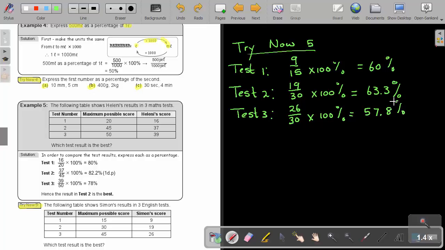And now I can compare it. Which one was the best? Definitely, again, test 2.